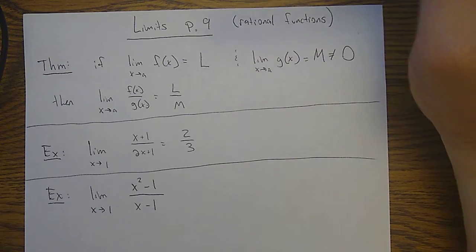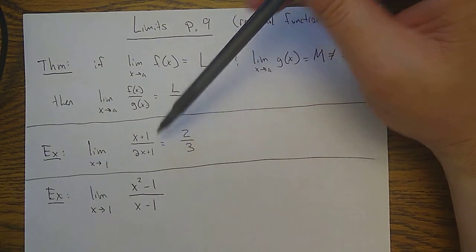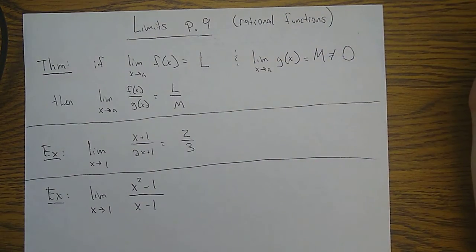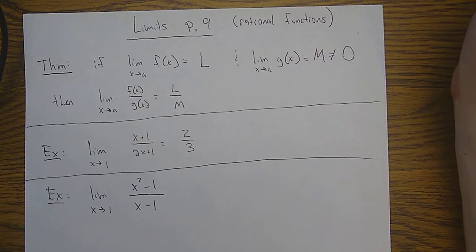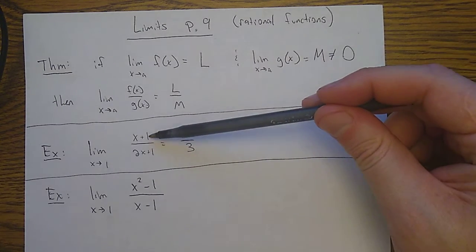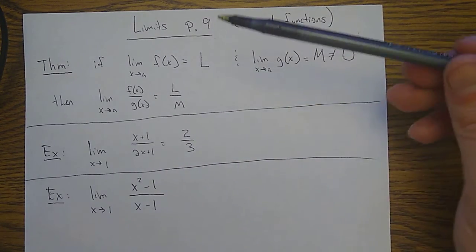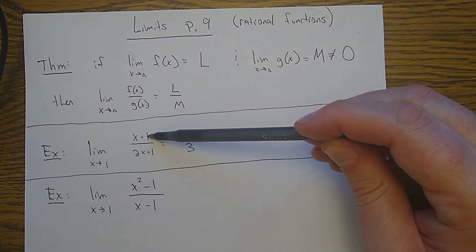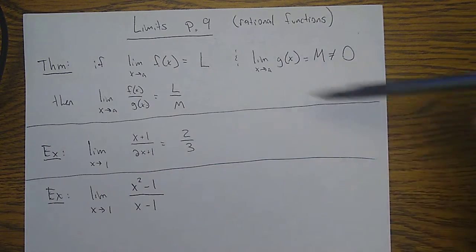So just for a really simple example of this, let's do the limit as x goes to 1 of x plus 1 over 2x plus 1. I've got a polynomial divided by another polynomial. I have this theorem, so I'm allowed to do the limit of the top divided by the limit of the bottom.